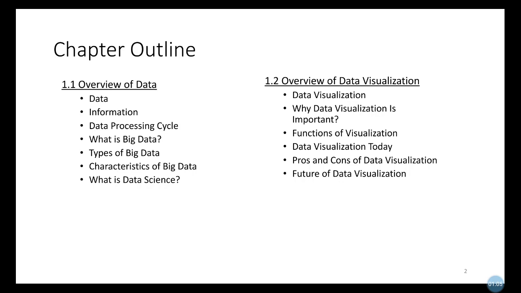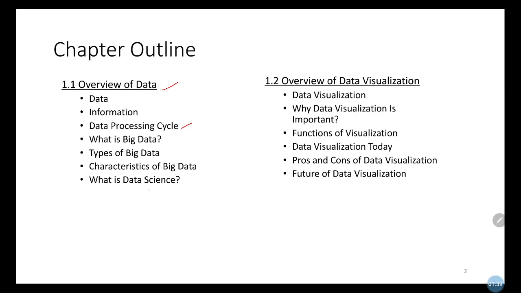The first part is overview of data, where we're going to learn the definition of information, data, what are the differences between data and information, and how do you define the data processing cycle, and then what is big data. I'm sure you have heard of big data, and then what are the types of big data, and what are the characteristics of big data.